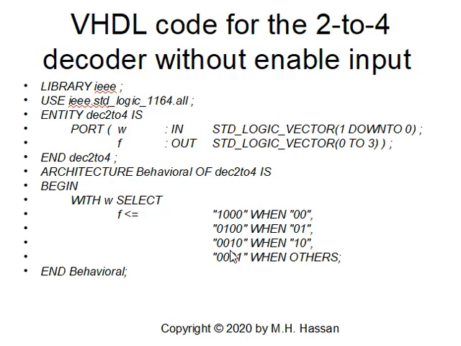It will be 0, 0, 1, 0 when the input is 1, 0, and 0, 0, 0, 1 when others. So this gives me the 2 to 4 decoder without an enable input. I end the behavioral architecture, and this is the end of the program.